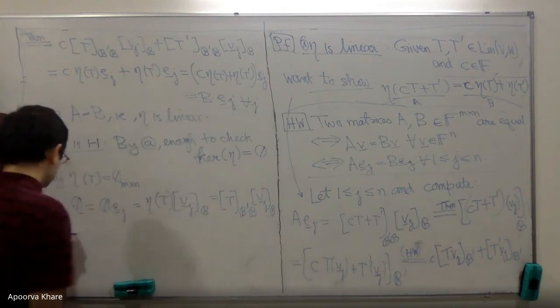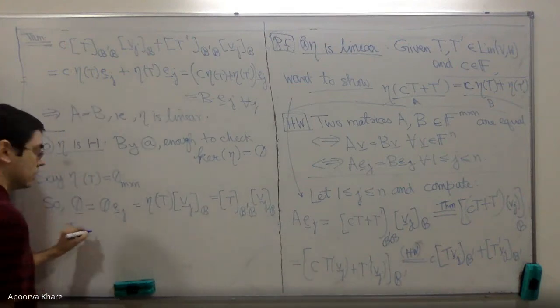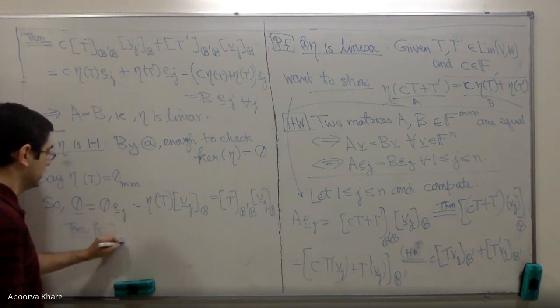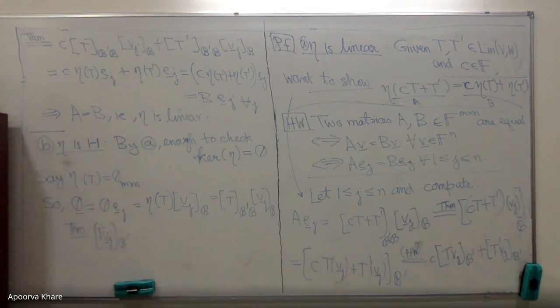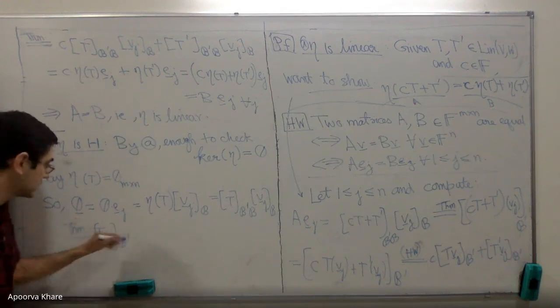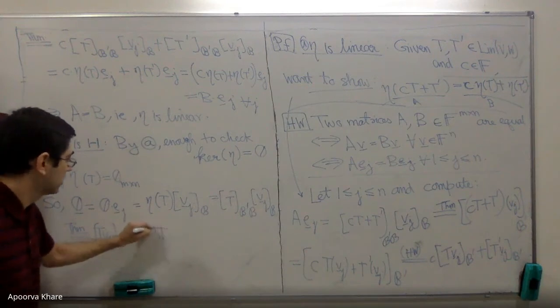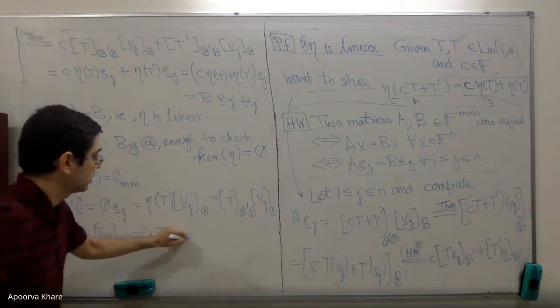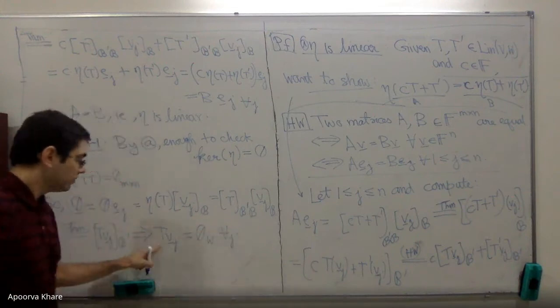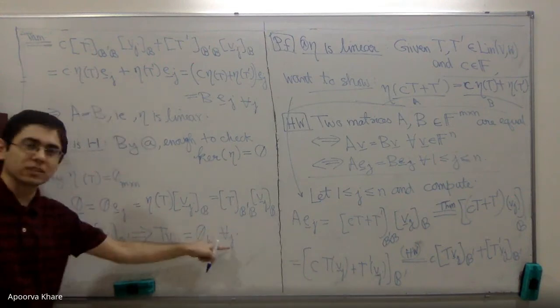But then by the theorem, this is equal to t vj in b prime. So the coordinates of this vector with respect to the basis are 0. The only thing that means is this vector is 0 in the W vector space, for all j. Well, this linear transformation takes an entire basis to 0.